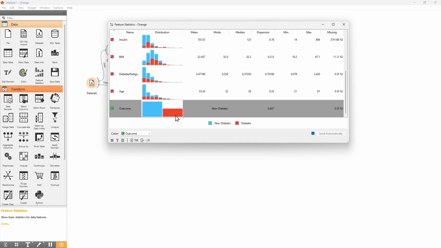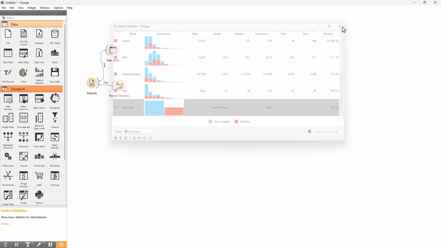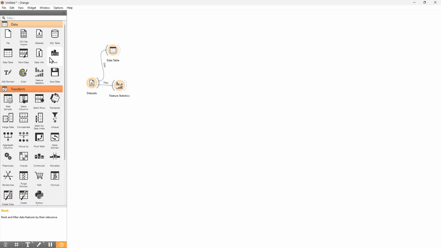The blue values, the non-diabetic people, are about two times the diabetic people. Okay, so that's a quick view of the data.